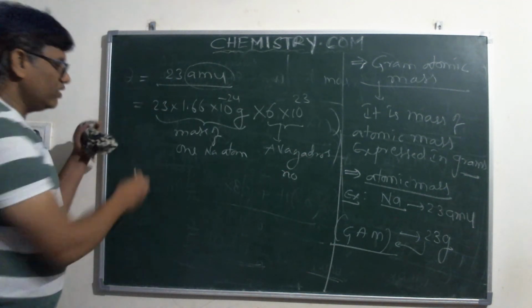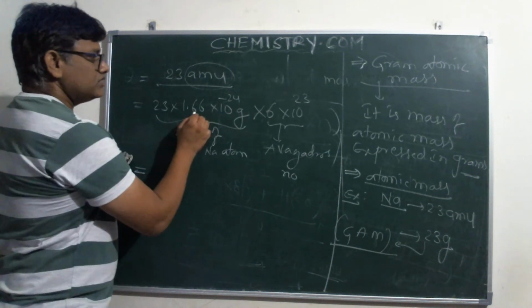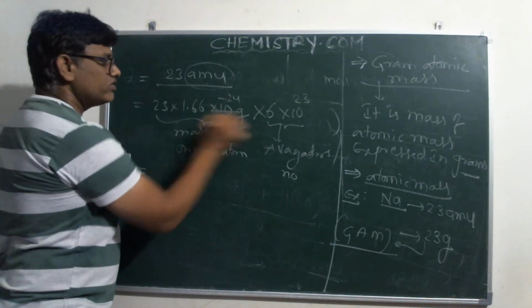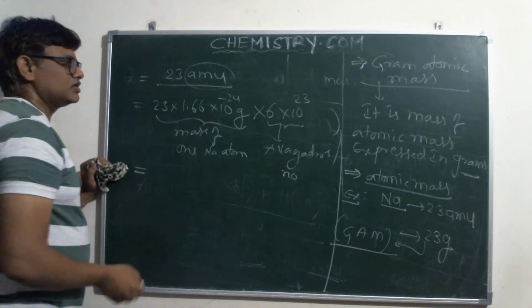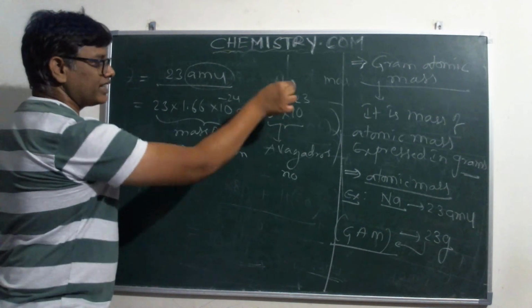On calculation, 1.66 into 6 will be about 10, so 10 power minus 24 and 10 power 24 cancel.